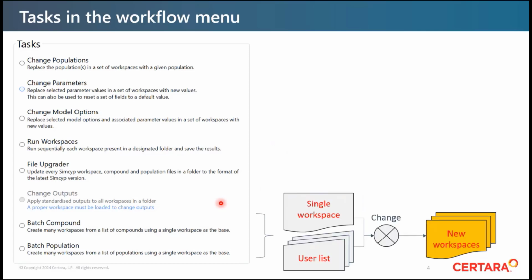And finally, the last two, batch compound and batch population, are also changing compounds or populations, but now you take a single workspace and then you indicate a list of compounds or populations that you may have prepared in advance, your own drugs, for example, and then you will create multiple workspaces from this base workspace. Each of those new workspaces will have a different population or a different compound. So that's the general framework.